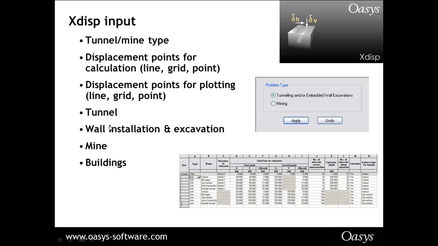And also, where are your actual entities? Where's your tunnel? Where's your wall installation excavation? Where's your mine? And finally, Xdisp has recently been updated to consider buildings and utility damage. So if you are considering these, where are your buildings and where are your utilities?